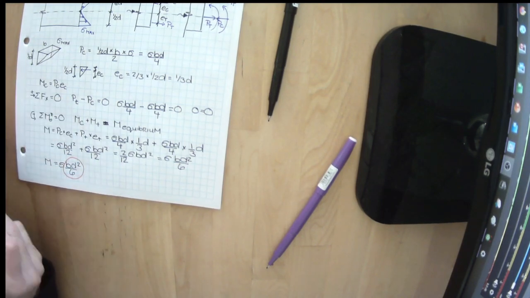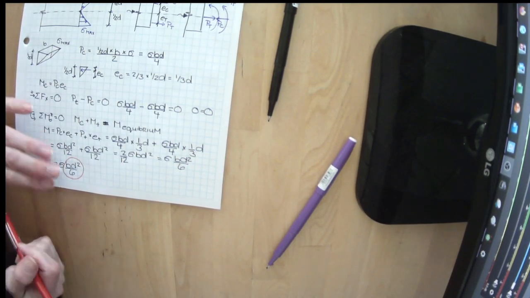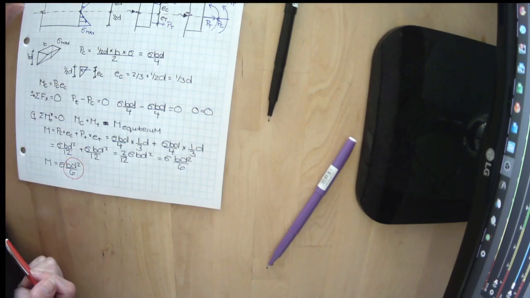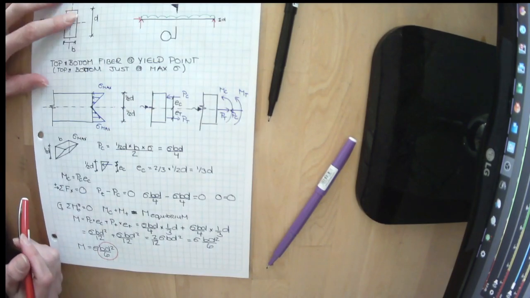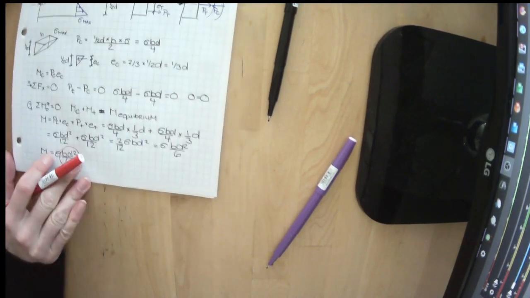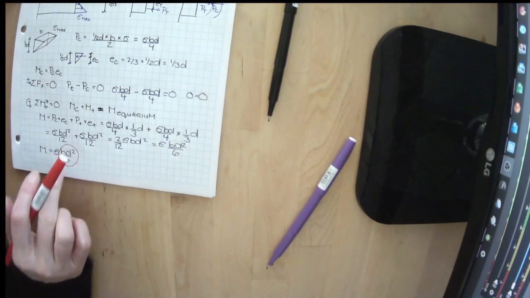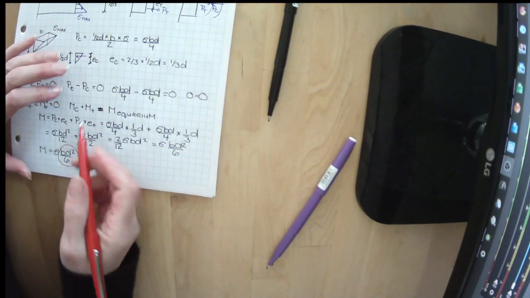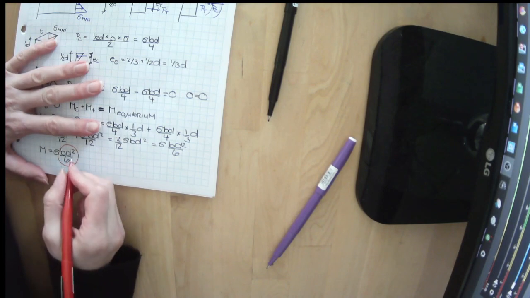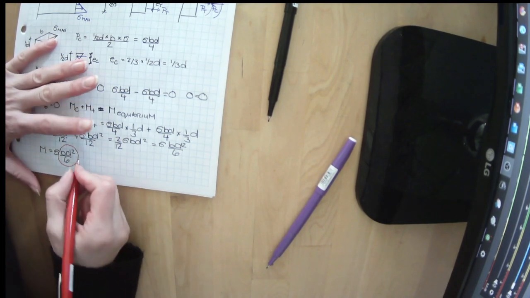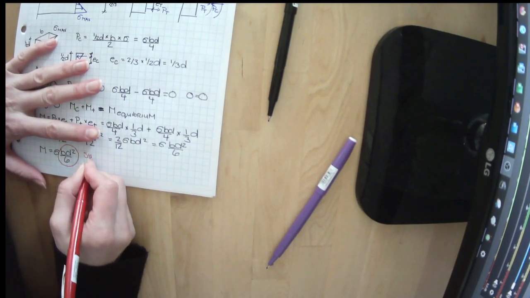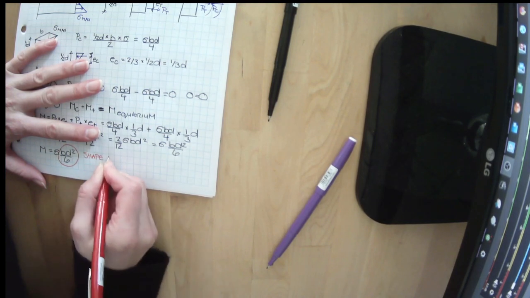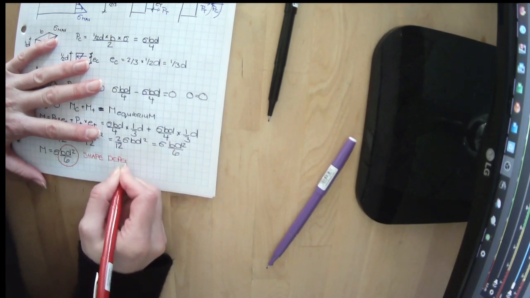Let's put a circle around that and say, all right, everything about this we derived based on the shape of this object. Let's just take that and circle it and say that this is a shape property. So let's call this a shape property. It's shape dependent.